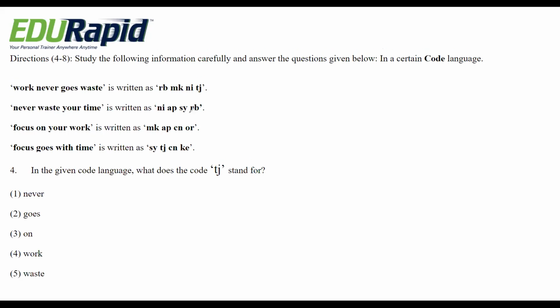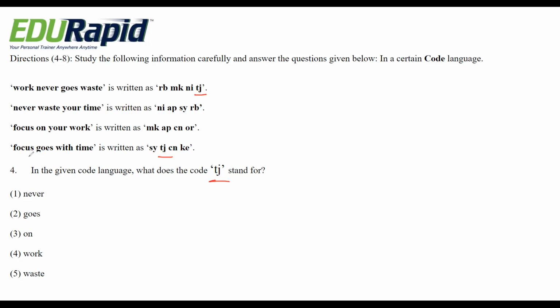Here also you need not write anything, just analyze the terms. They are asking what the term TJ stands for. Let me see in which sentences TJ is present. In the first sentence it is TJ, and in the last sentence. In the second and third it is not present, so you have to match the first and the fourth sentence.